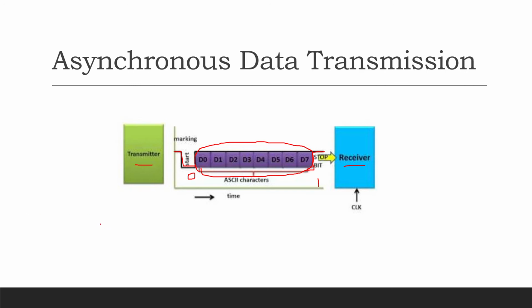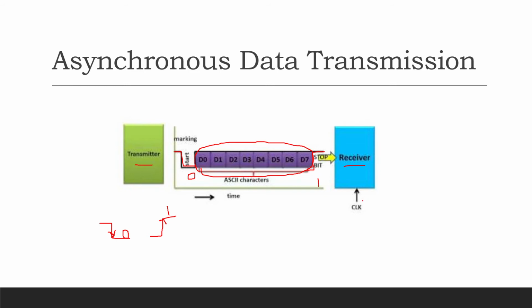In digital you can refer to the falling edge. When the edge is falling, you can treat it as a 0, and when the edge is rising, then it is binary 1. So this is a falling edge, that's why this is 0, and this is a rising edge, that's why this is 1.